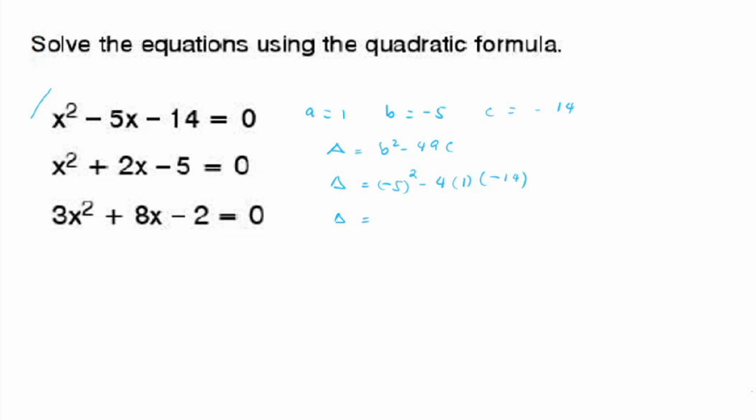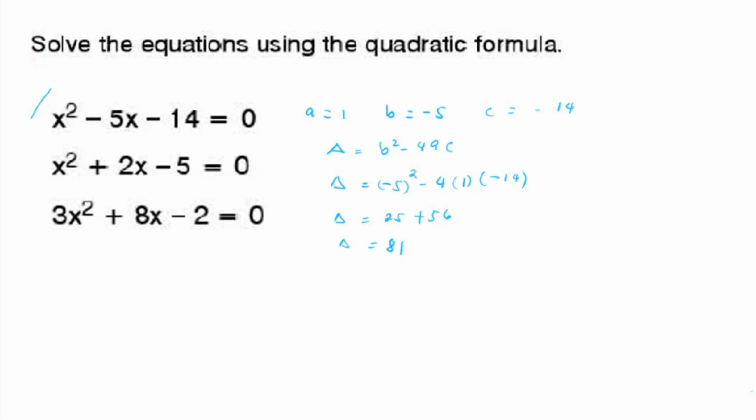The square of negative 5 is 25. Negative 4 times 1 times negative 14 gives positive 56, because negative times negative is positive. Then 25 plus 56 equals 81.